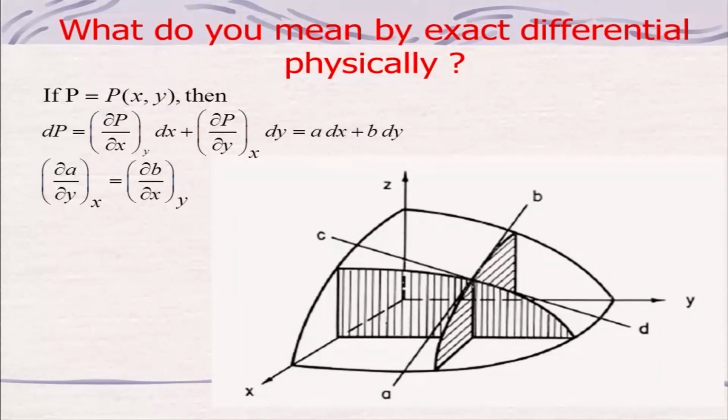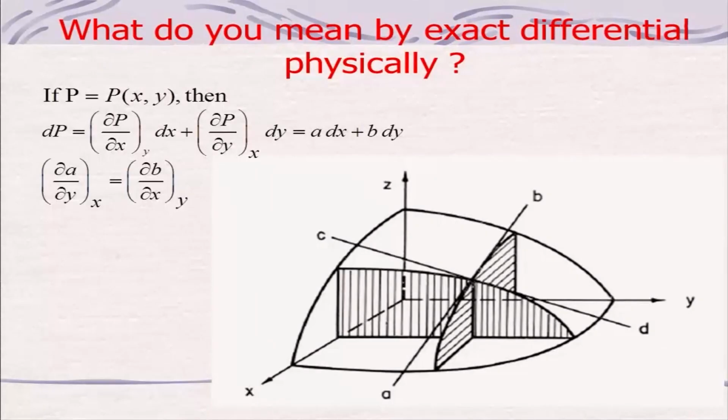This is a mathematical form, but if you look at the meaning, if x is constant, what does that mean? That means this plane, and if you take ∂a/∂y, that means the change in this, how it is happening, the slope here, corresponds to this term.